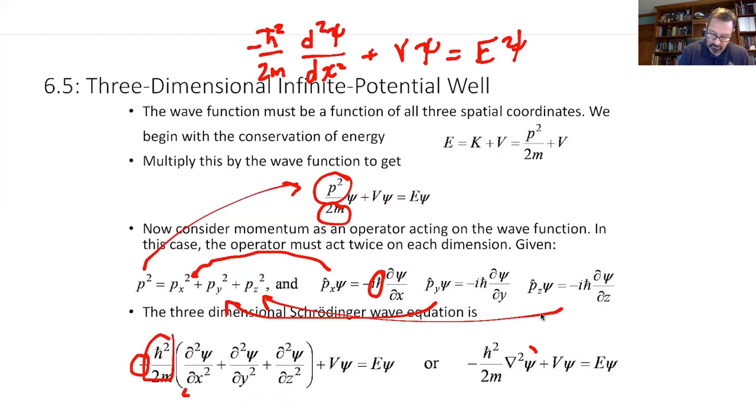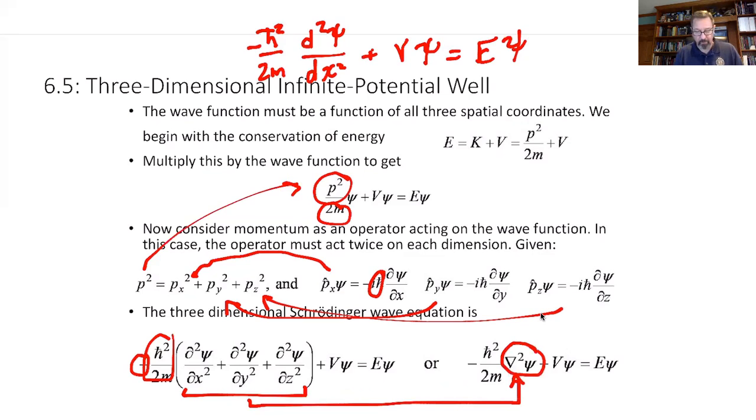I want to take this and rewrite it the way a lazy physicist writes it, with that symbol right there, because you recognize that a second partial with respect to x on something, plus a second partial with respect to y, plus a second partial with respect to z, can be written in this shorthand with the upside down triangle squared, which we call a Laplacian. I forget what the name of that triangle is. Mathematicians give it a name. As a physicist, I don't care. This is just a shorter way of writing this in Cartesian coordinates.